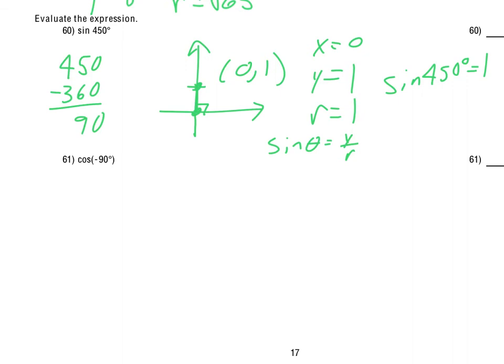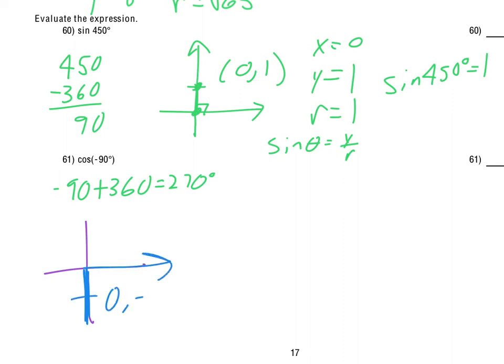Cosine of negative 90. Well, that one's easy enough to figure. If you wanted to, you could do negative 90 plus 360. You figure out that's the same as 270. So negative 90 or 270 is going to be down this way. Again, we just need a point on there. So 0, negative 1, the easiest point to use there.